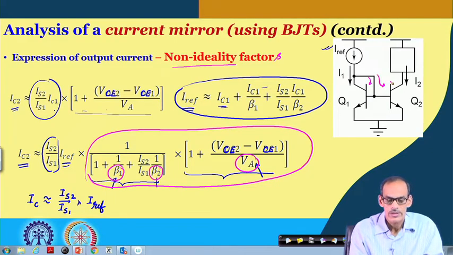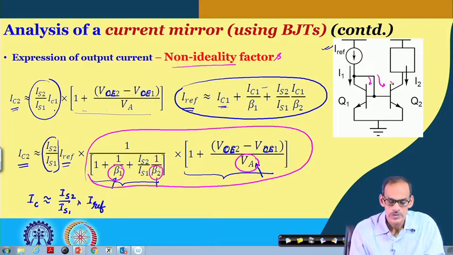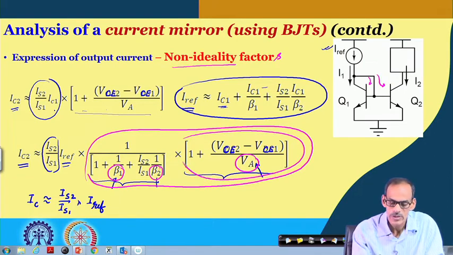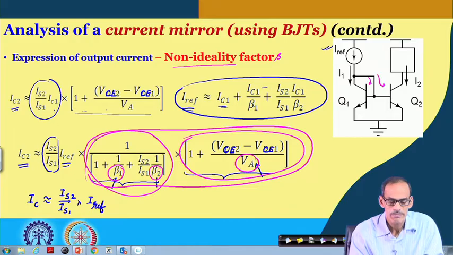Now, similar to the previous current mirror, we can also write this dependency part in terms of output resistance, and this part we can say is the loss due to beta.